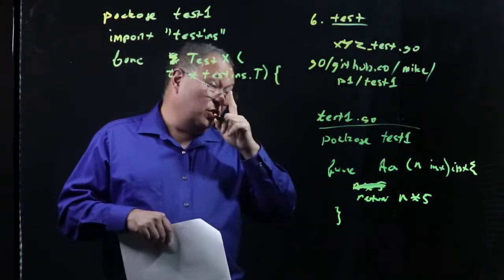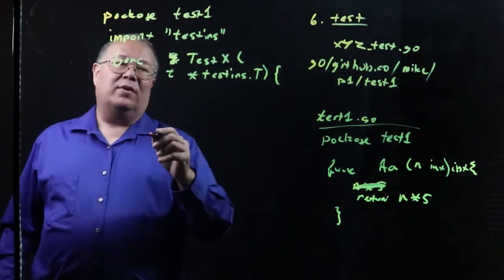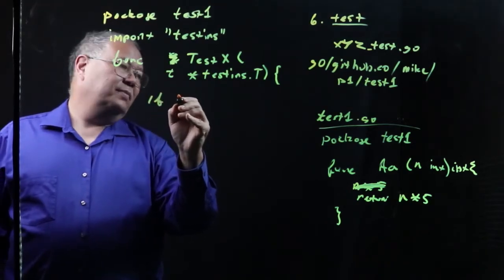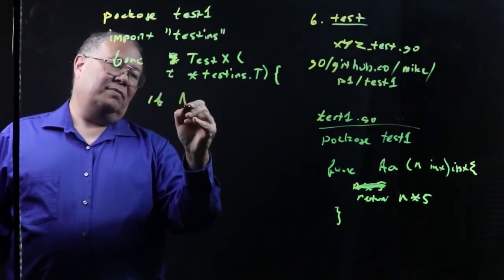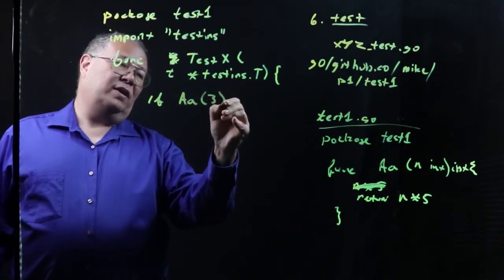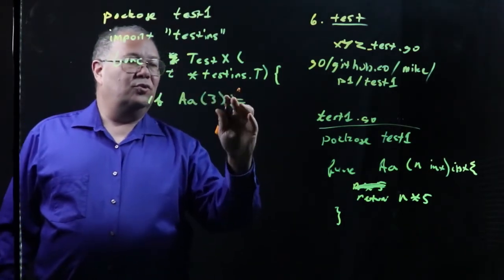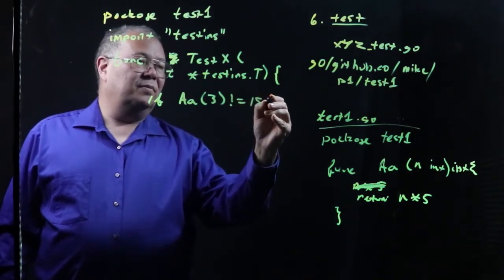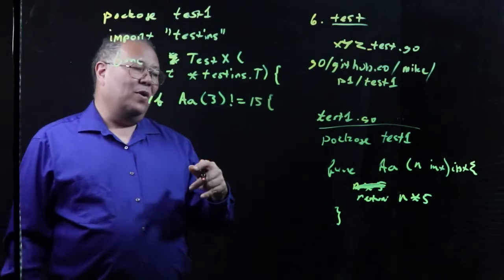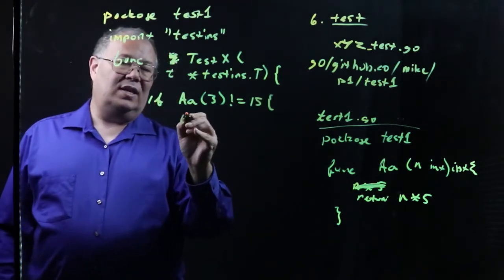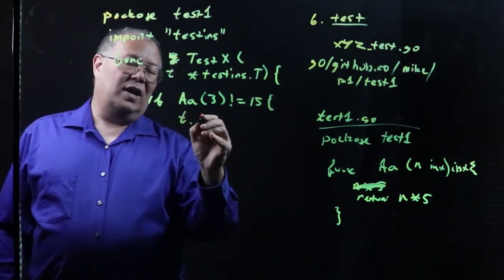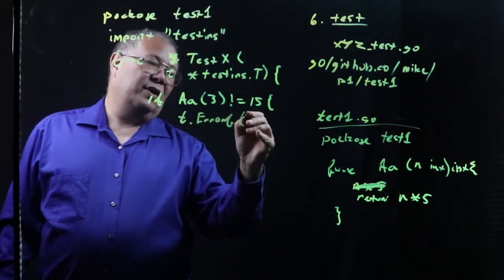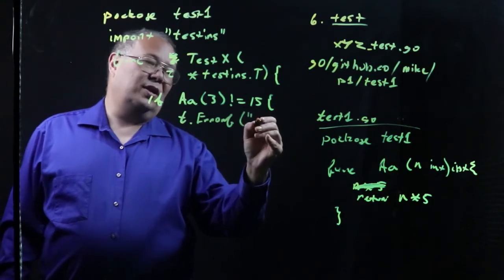And the example I give you is a more comprehensive example than what I'm going to write up here, but we could just say if AA of 3 is not equal to, that is a not equal, not a colon equal, is not equal to 15, then I want to fail my test, so I want to do t.Errorf, and I want to print out some useful message like oops.